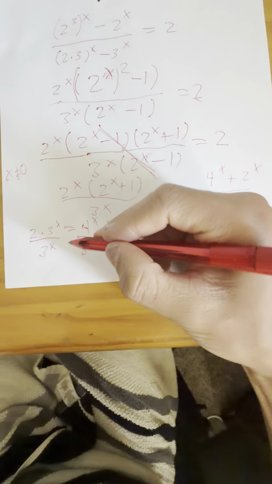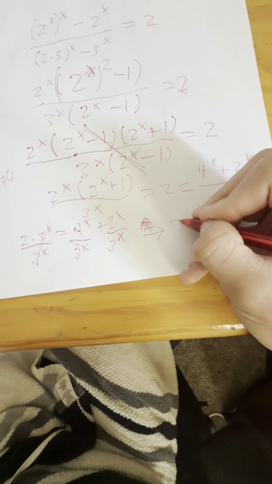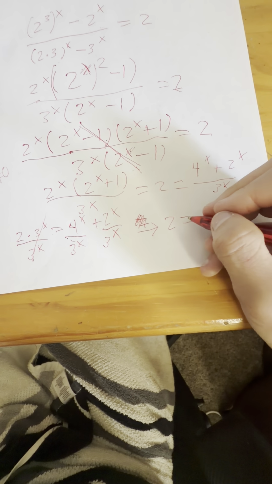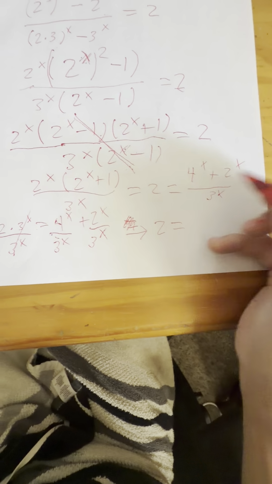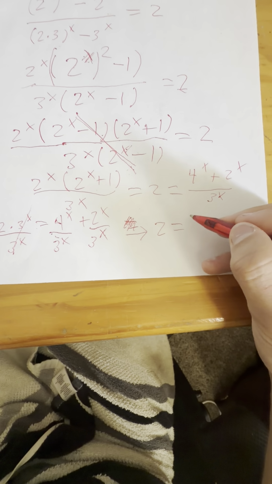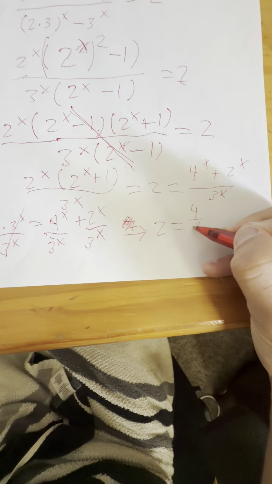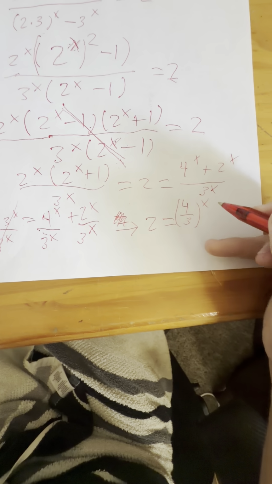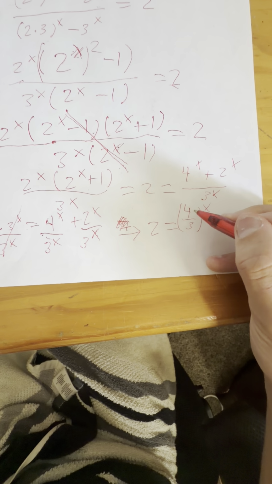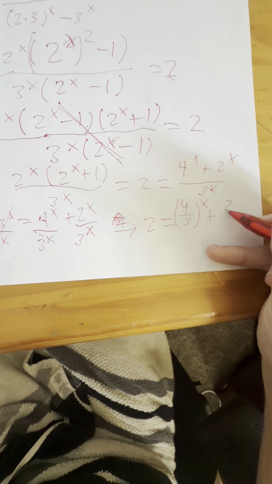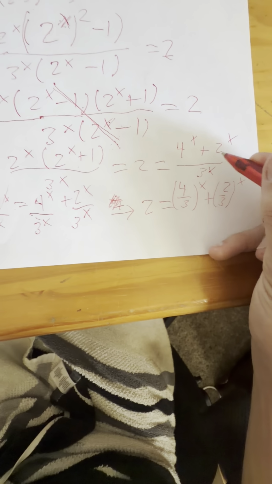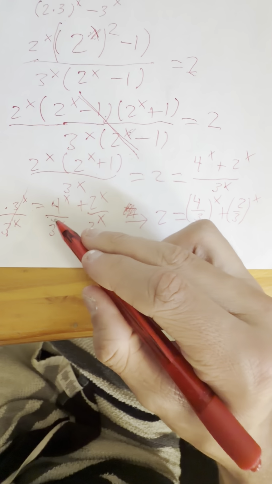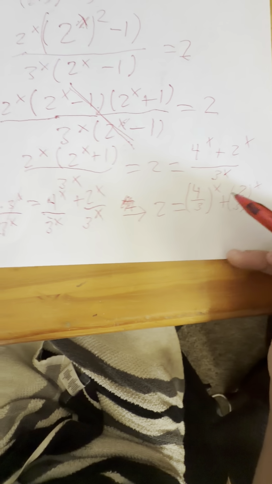Okay, so the 3 to the power x's cancel out, and 2 is equal to, I guess we could have done it back here, it doesn't matter. Two is equal to 4/3 to the power x plus 2/3 to the power x. Yeah, I totally could have done that back here. I kind of just undid it and then did it. You know what I'm saying?